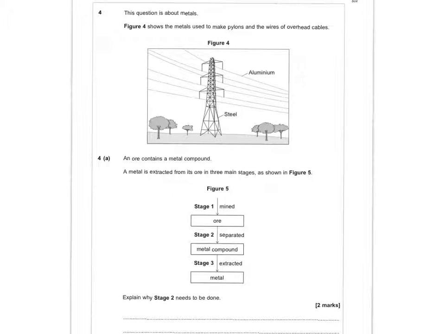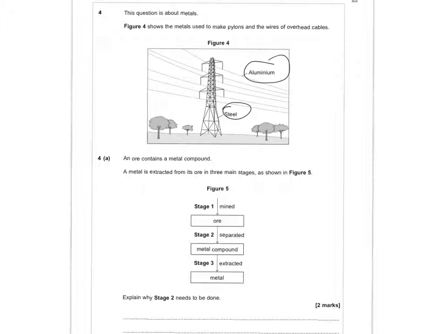Question 4. This question is about metals. Figure 4 shows the metals used to make pylons and wires of overhead cables. So we've got the pylon there is made out of steel and the wires of aluminium. An ore contains a metal compound. A metal is extracted from its ore in 3 main stages, as shown in figure 5.